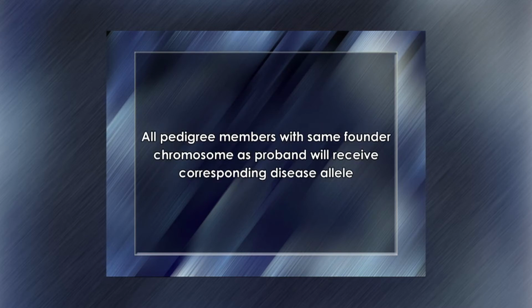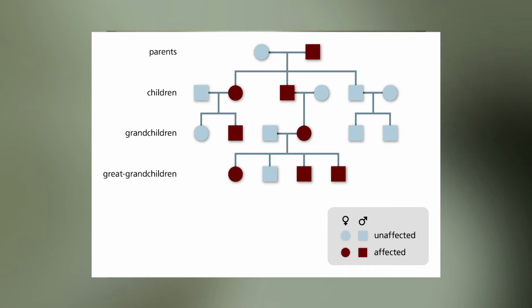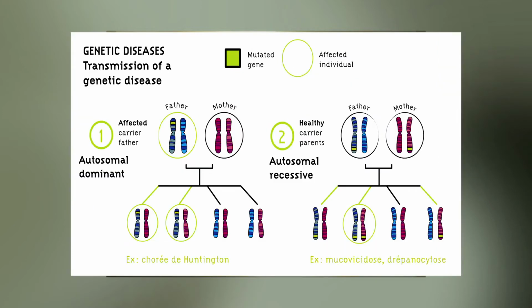All pedigree members with the same founder chromosome as the proband will receive the corresponding disease allele. The remaining founder chromosomes are assigned a disease allele consistent with given disease allele frequencies. At this point, all of the people in the pedigree have a disease genotype assigned. Affection status is then determined based on penetrances.